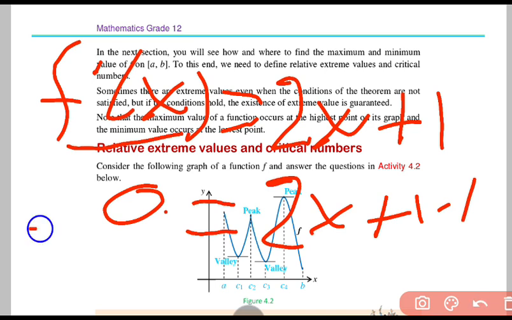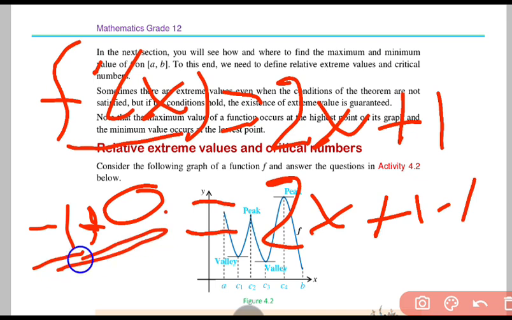Minus 1 is also positive when it is a big number. But don't write like this.